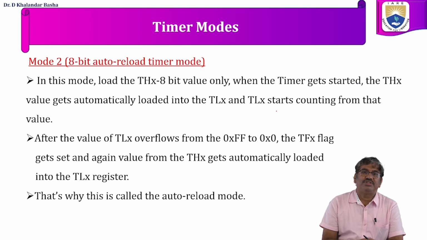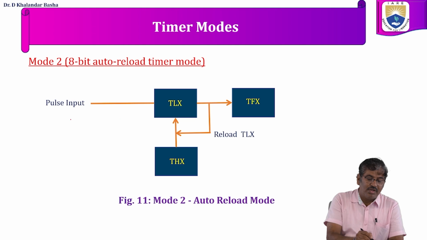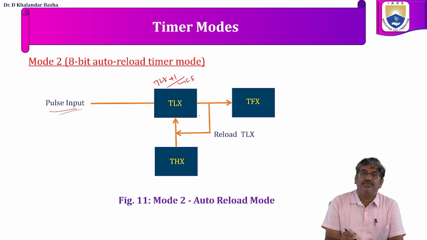Next is mode 2, which is auto reload mode. In this mode, load THX with an 8-bit value. When the timer gets started, THX gets automatically loaded into TLX. So first we load the TLX value with the THX value. For every pulse, the TLX value will be incremented by 1. It keeps incrementing until FF.